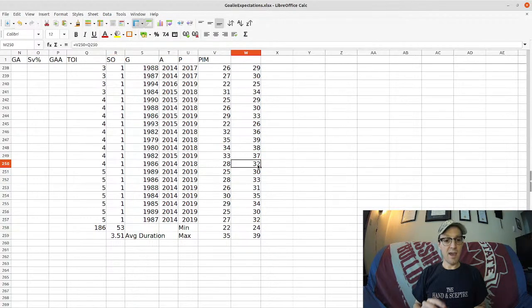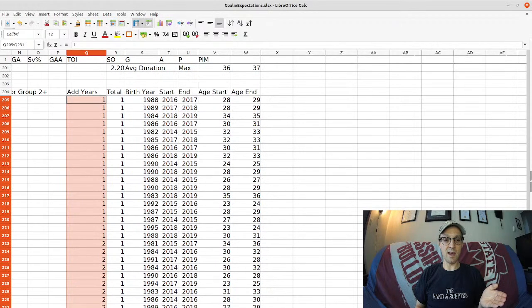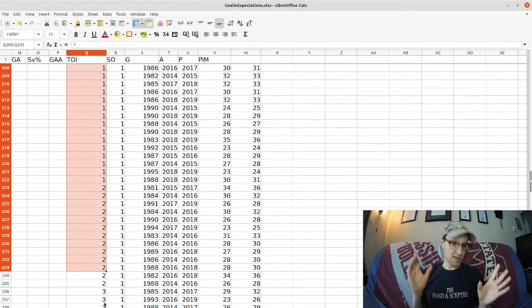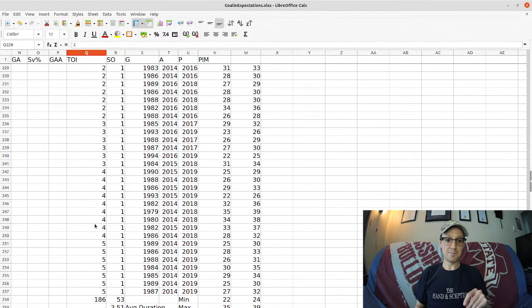So anyways, as you can tell, again, from just the frequency of the durations here, it's essentially 2 to 3 years is kind of a good time frame to sign your goalies. This is, again, just estimations based on what we're putting together here.